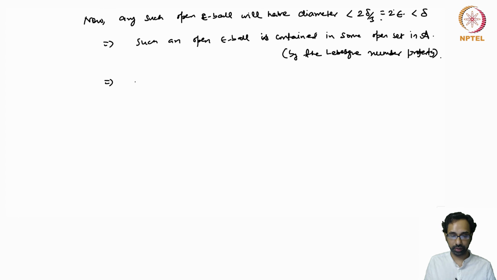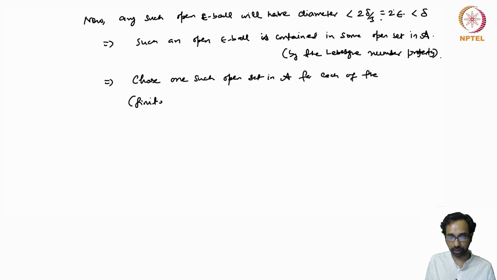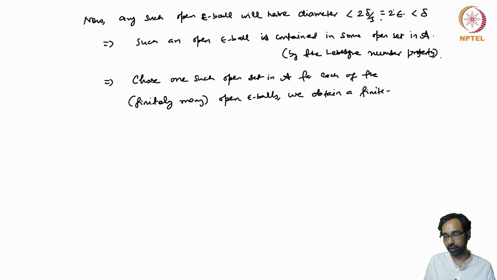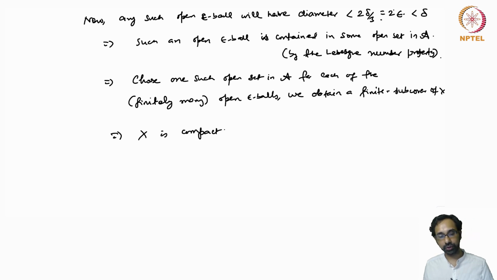So if we choose one such open set in A for each of the finitely many open epsilon balls, we obtain a finite subcover of X. This is because we have a finite cover of X by open epsilon balls, and each of these open epsilon balls lies in some open set in this open cover A. Therefore we have a finite subcover, and this means that X is compact. So we have shown that sequential compactness implies compactness for metric spaces.